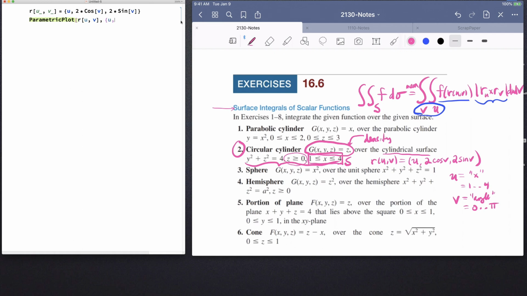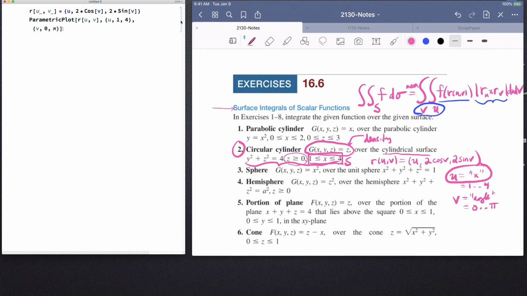Since we've assigned u in the x location, u is equal to x, and the problem says that x needs to go from 1 to 4. Because we are looking at only the top part of this circle, z being bigger than or equal to 0, I believe that v needs to go from 0 to pi.